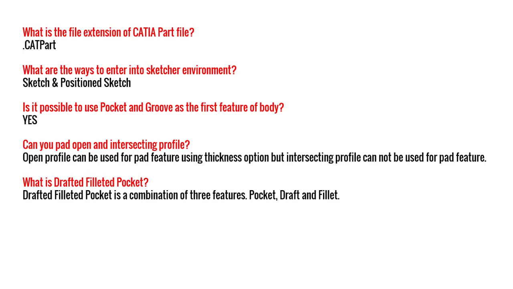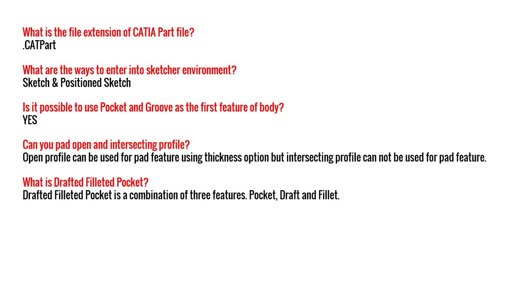It will remove the material normal to the sketched plane. It will also apply the draft of the value which you give in the dialog box. Also, it will apply the fillets of the radius value that you define in the dialog box.